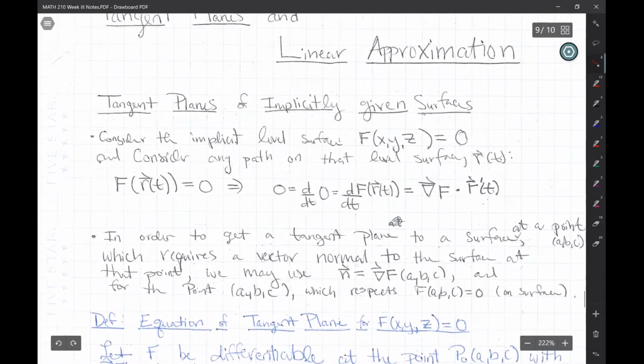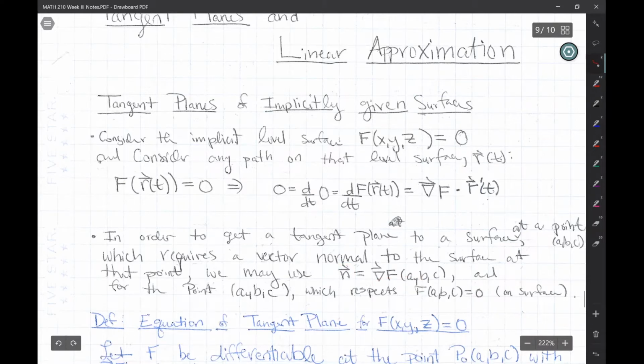So if you want a tangent plane, well, you're going to need a vector that is normal to your plane, right? And how do you do that? Well, we got a candidate there, the gradient, right? It's orthogonal to the level surface, so let's choose the normal vector as the gradient.